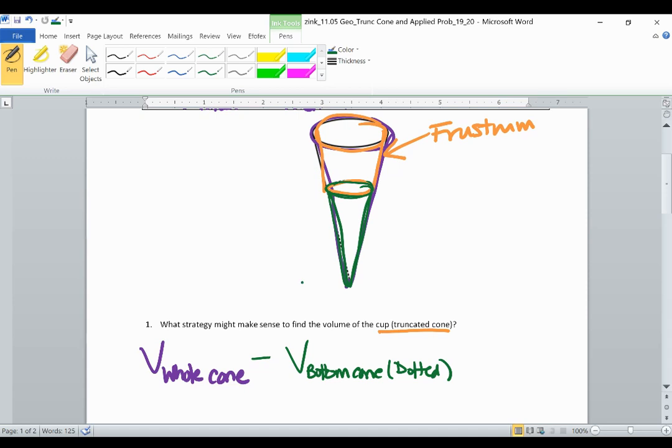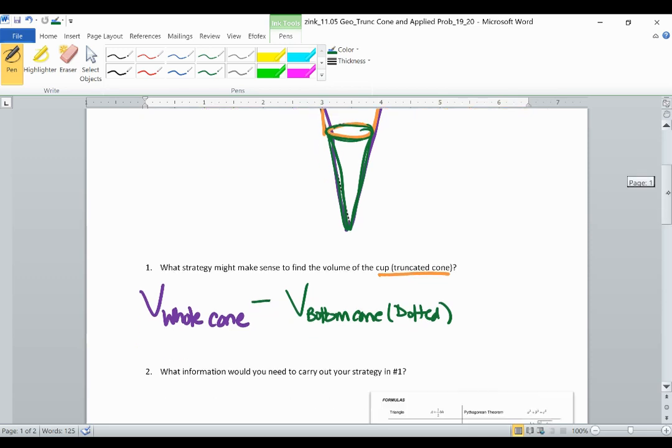So we'd find the volume of the entire big cone, because we can do that. Then we know how to find the volume of another cone, and then we subtract the green cone, take it away from the purple cone, and we're left with the orange cup.